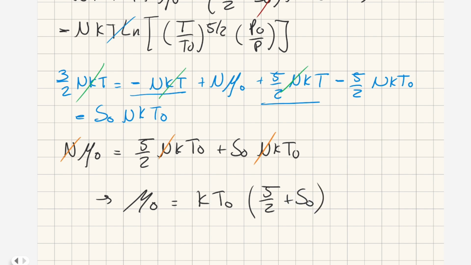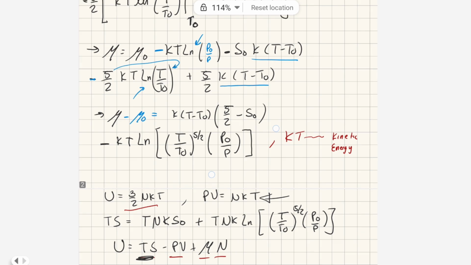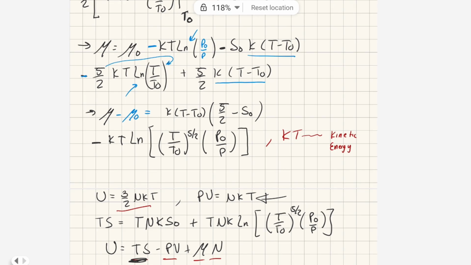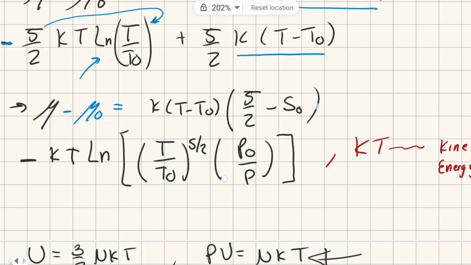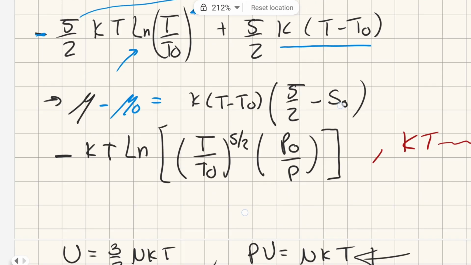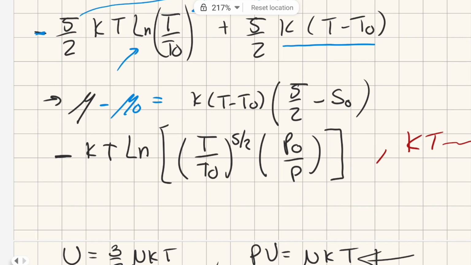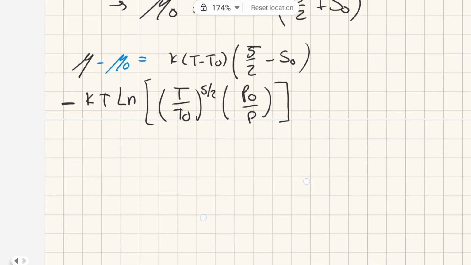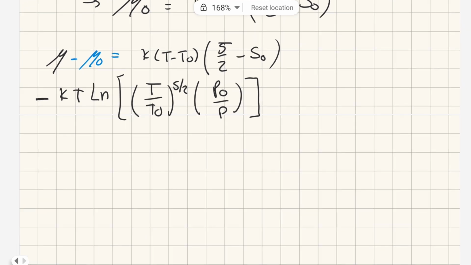Yeah, like this. Okay. But notice something. In the result that we got for μ, we got an element, 5/2 minus S0, that multiplies k times (T − T0). So with the result that we just found, we can take this element out from this result. Let me bring back this equation. This is the result that we got for μ.